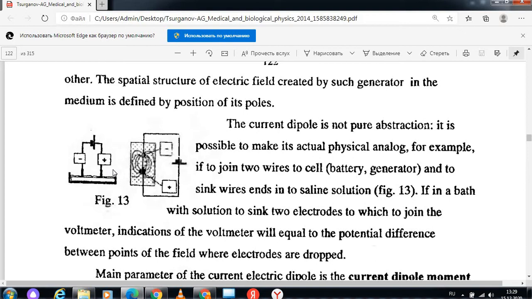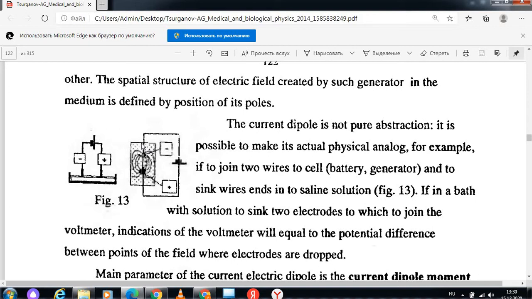For example, if we join two wires to a cell, for example a battery or generator, and sink the wire ends into a saline solution, or some solution of salts or acids, in a bath with the solution, and sink the two electrodes to which we can join a voltmeter, this special device which measures volts, the indication of the voltmeter will equal the potential difference between these two points.